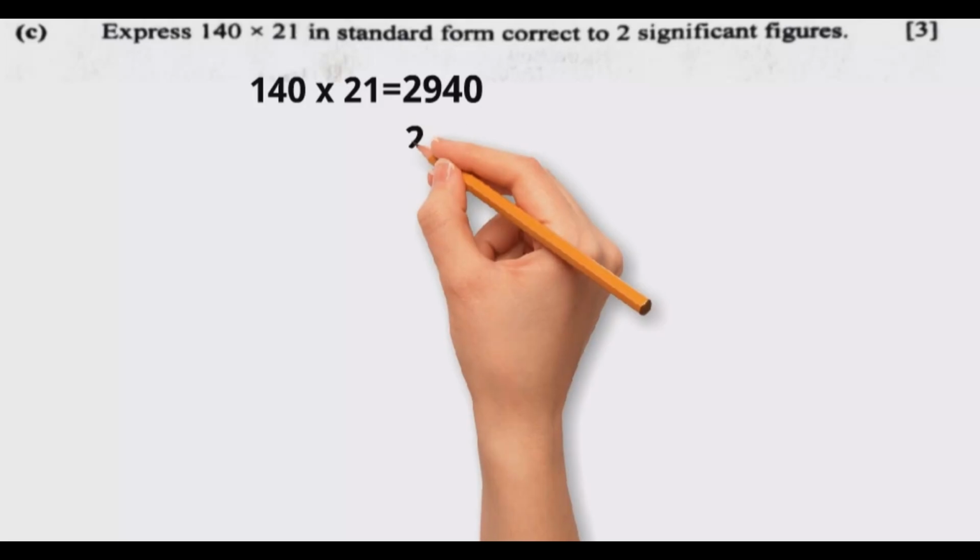Okay, so the point will start moving from 0, comes in between 0 and 4, then comes in between 4 and 9, and lastly it comes between 2 and 9.